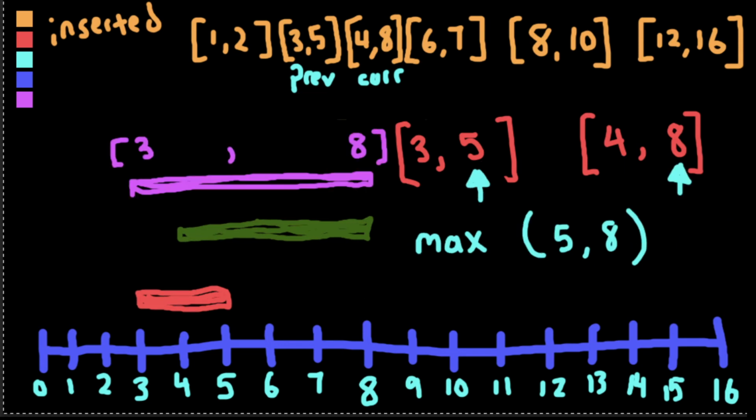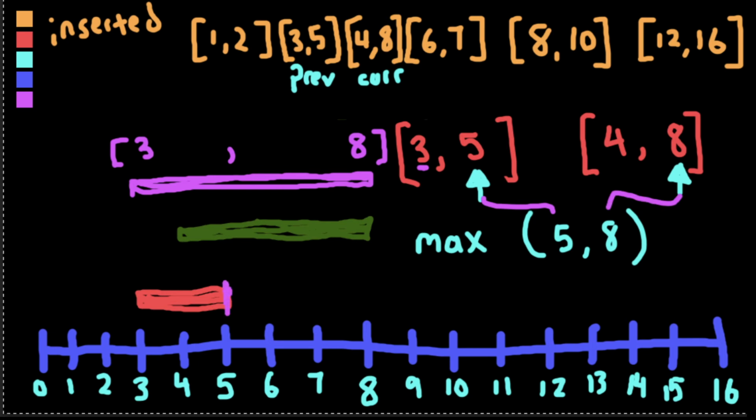Well, you merge it by saying, okay, I'm going to keep the previous head, right? But I want to see which tail do I take. So you try to see, well, there's a 5 and there's an 8, and I want the maximum of that. So it's either here on the number line with a 5 or here on the number line with an 8. Obviously, we want to take the 8. So we'll see what happens if you merge that later on.